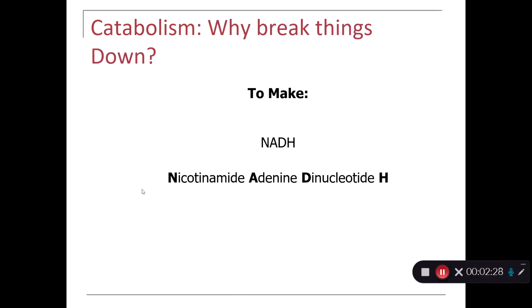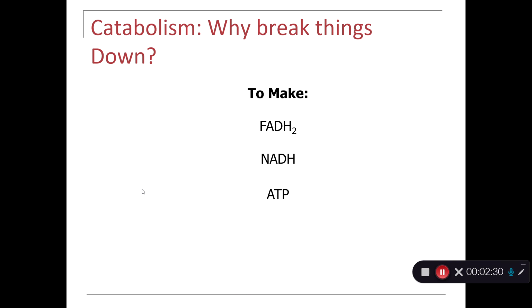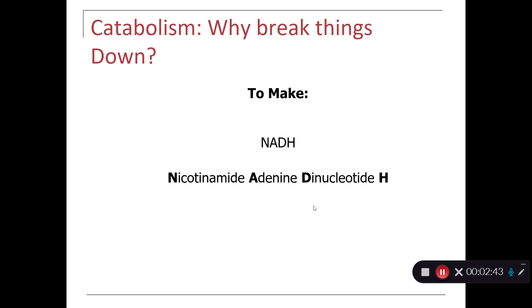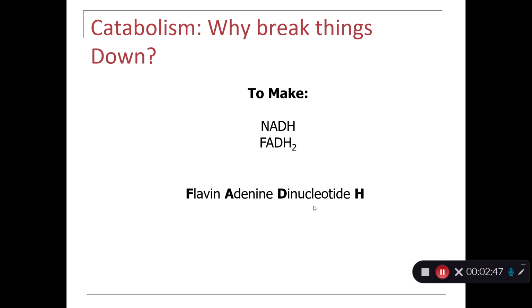Now, why break things down? Really, it's to make energy, and energy is usually stored in these three forms: FADH2, NADH, but primarily this one right here, adenosine triphosphate. NADH means nicotinamide adenine dinucleotide hydride, while FADH2 means flavin adenine dinucleotide dihydride.